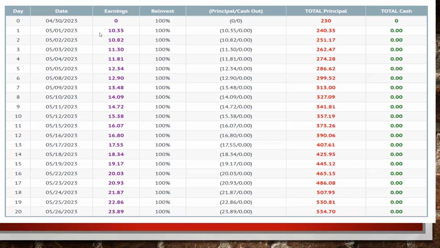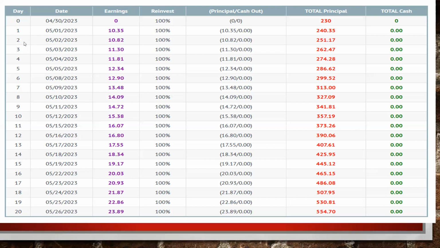So trade one, $10.35. That's roughly about 11 cents on your option. So if you got in your option at $2.50, you would be selling your option at $2.61 to make that 11 cents, or $11 if you're trading options.